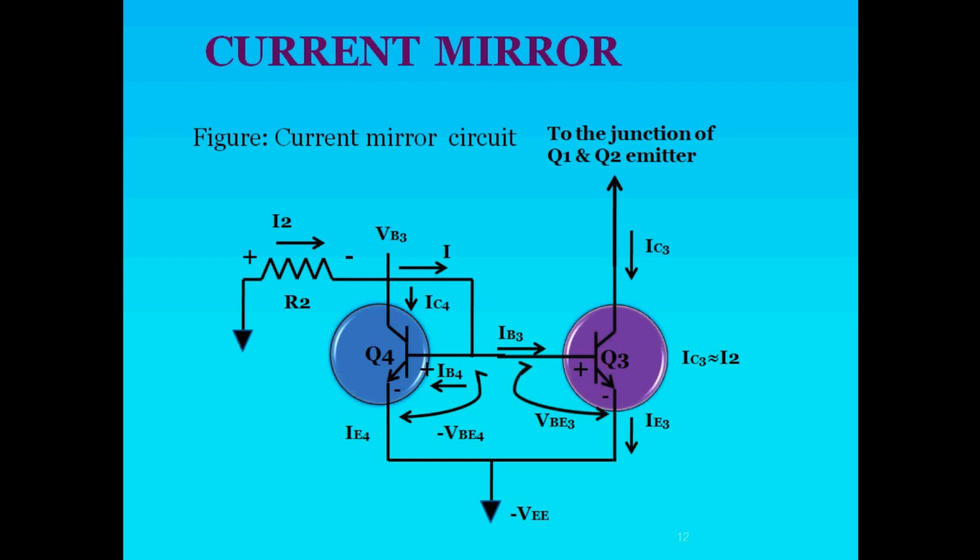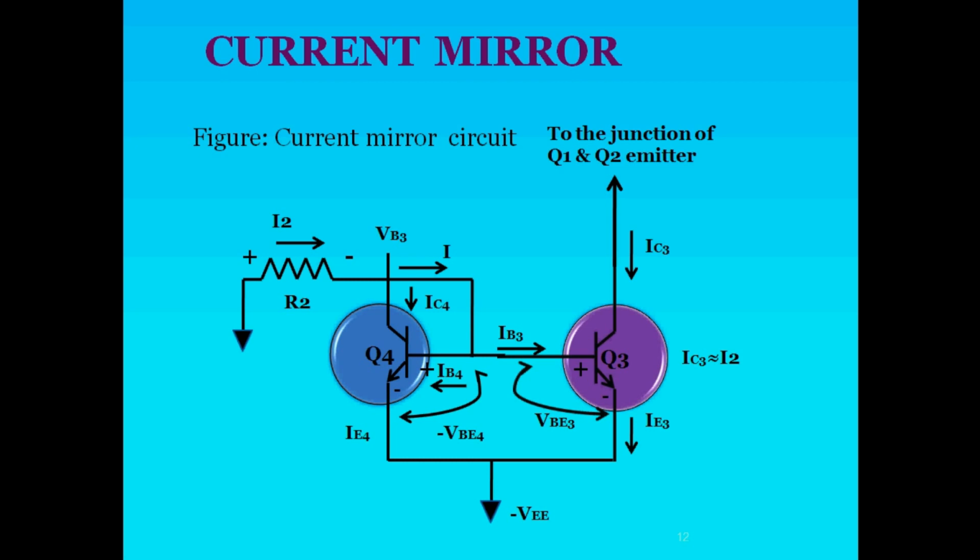Here what we are going to determine is the output current, that is IC3, which will be going to the emitter of the differential amplifier Q1 and Q2. This current is the output current, the mirror image of the input current, which is the I2 current that we have to determine here.